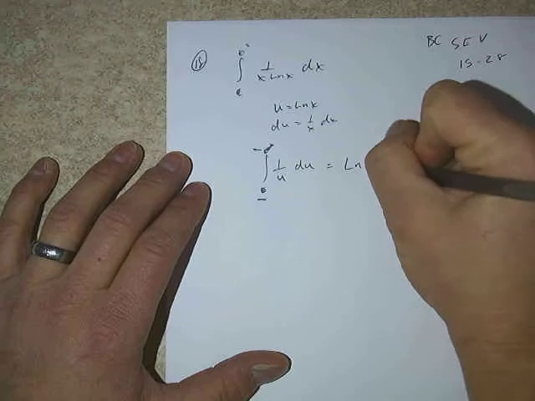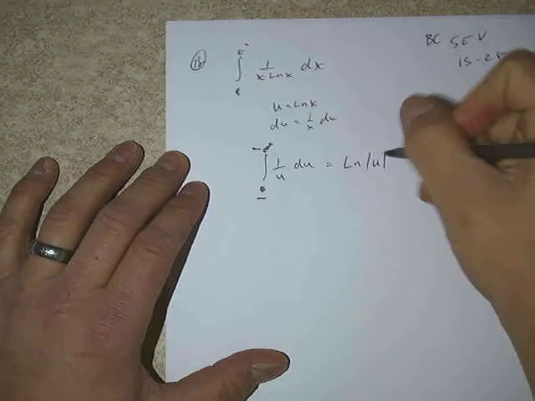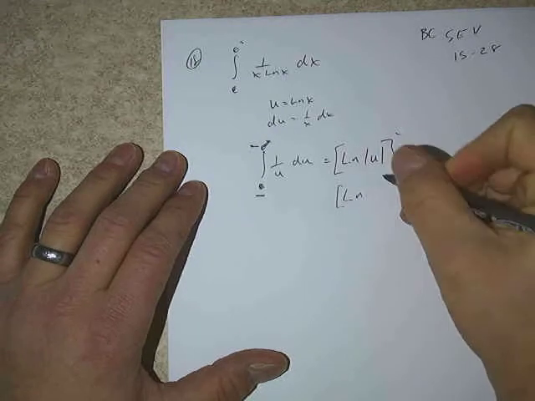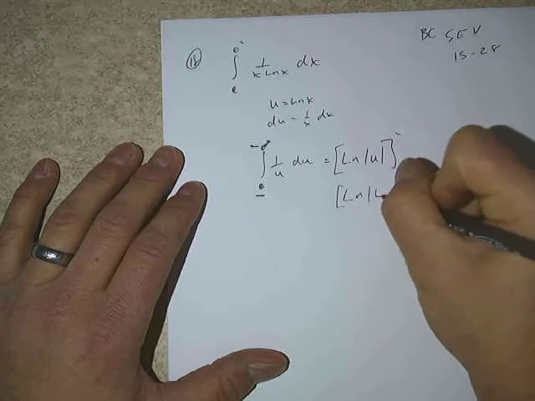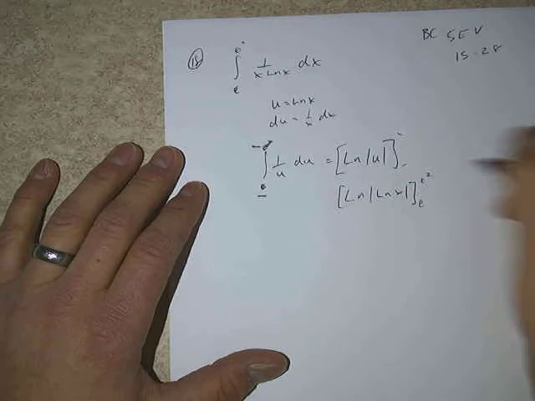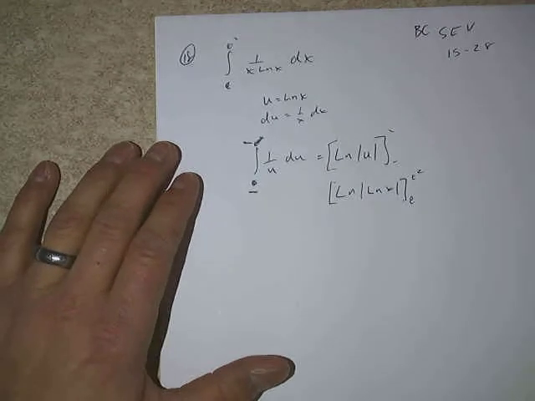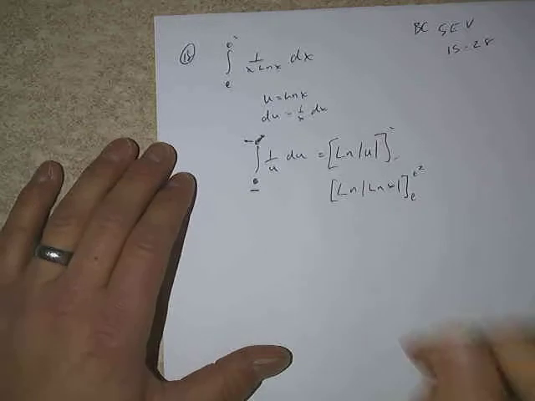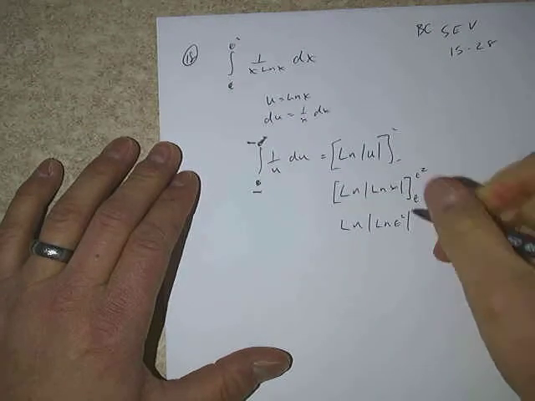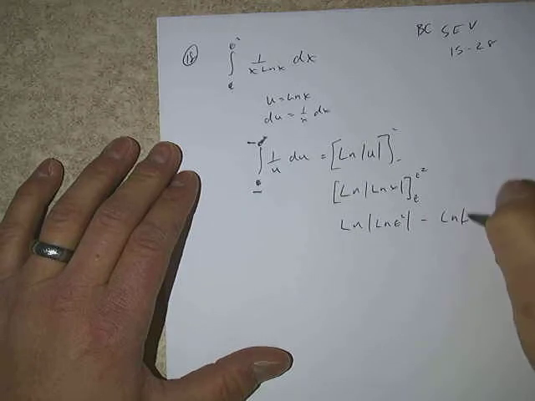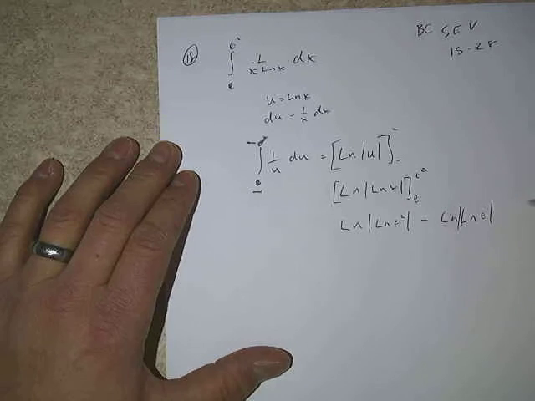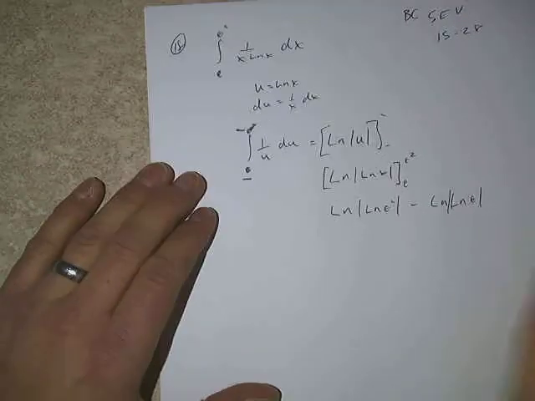We get natural log of the absolute value of u, and then plug in our ln x again. And we can put in our e squared and our e. We get ln of the absolute value of ln of e squared, minus ln of the absolute value of ln of e.